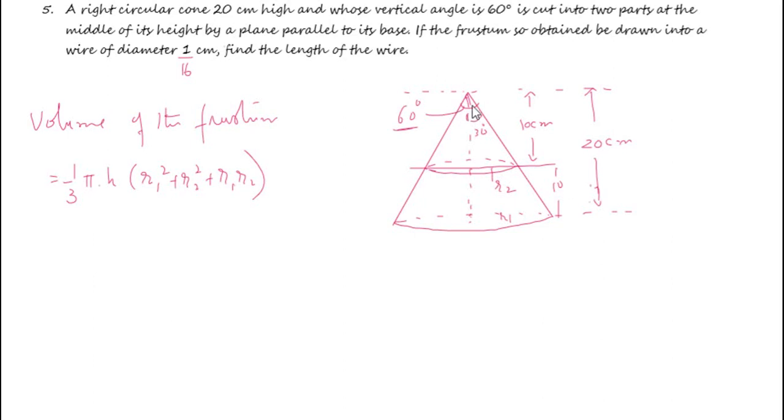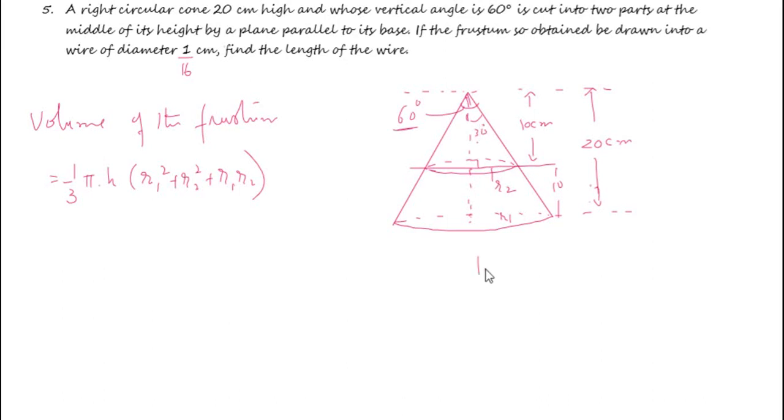Vertical angle is 60 degree. If you draw a line perpendicular from this point to the base, then this line bisects this angle, so this angle is 30 degree. Now if you take this triangle, this is a right angle triangle, right angle at this point, opposite side by adjacent side equal to tan of 30 degree.